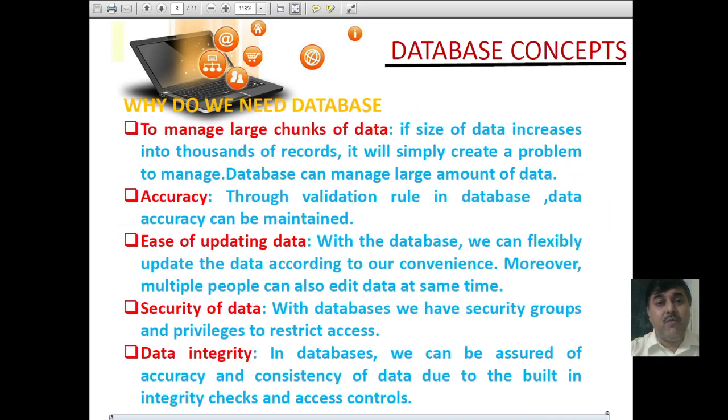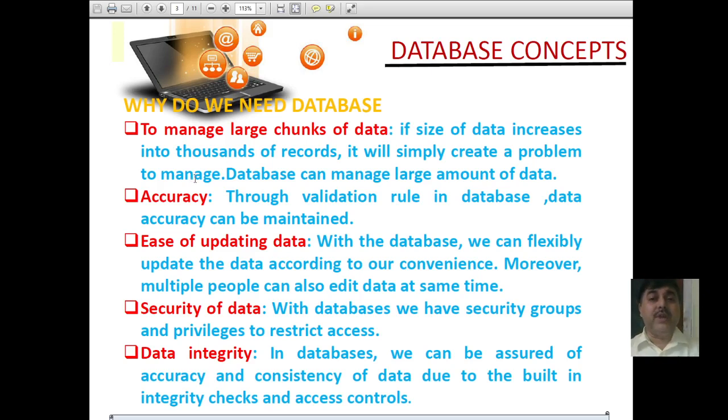As we are working on the data, why do we need a database? What is the requirement of a database system? The requirement is that this database concept is used to manage large chunks of data, isn't it?